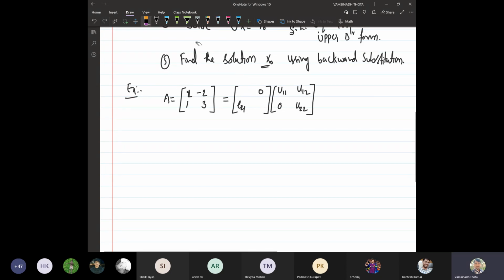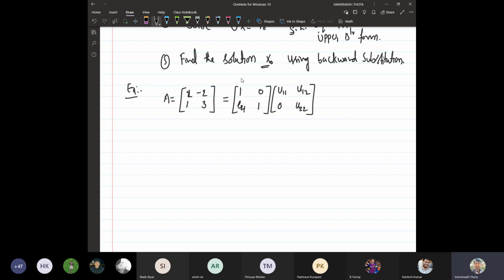This additional assumption is for our convenience. Now how many unknowns are there? 1, 2, 3 and 4, and after multiplying and equating the respective terms, you will get 4 equations in 4 unknowns, and hence it is very easy to evaluate.